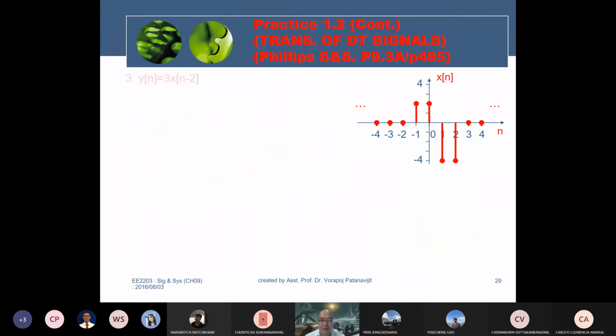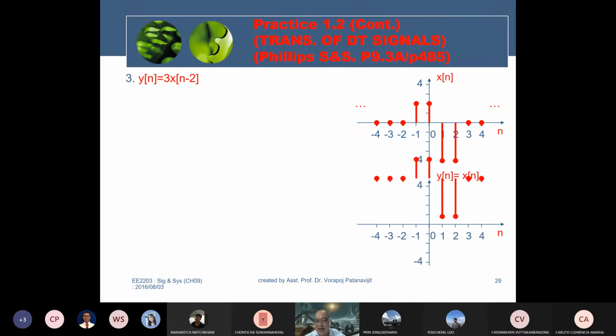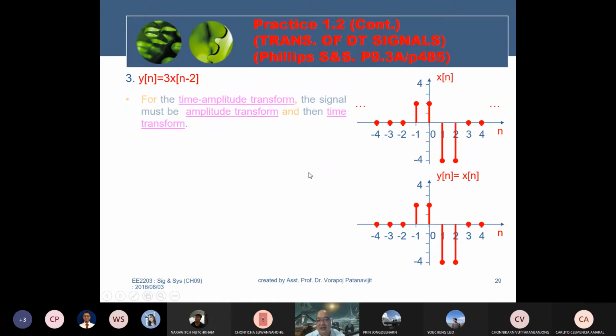Now the next one, y[n] equal to 3x[n-2]. In this case, 3 represents amplitude scaling, minus 2 represents time shifting. For the time and the amplitude transform, the signal must be amplitude transformed first and then time transformed later.